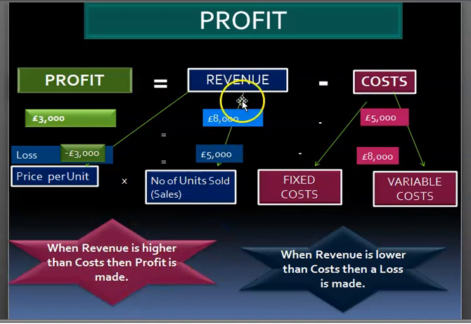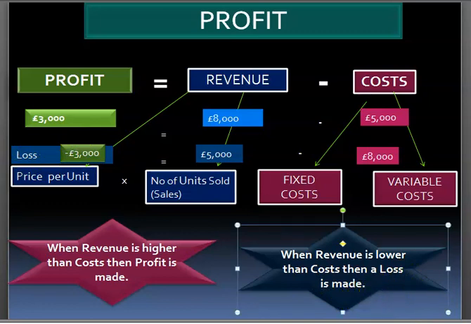When revenue, which is this one, is higher than cost, then profit is made. That is, when business makes more money than it has spent. When business spends more than it's getting, then it makes a loss. And that is when we get a negative figure there. So this is called a loss.